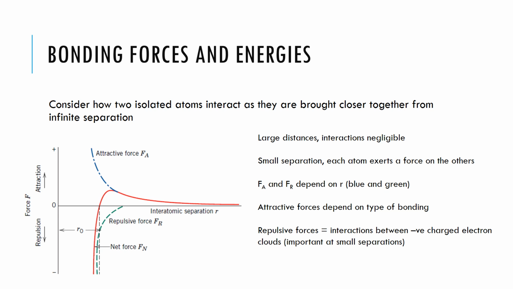They don't even know each other are there really. As I start to bring my hands or my atoms much closer together, suddenly they start to realize each other. And at much smaller separations, atoms start to exert a force on each other.